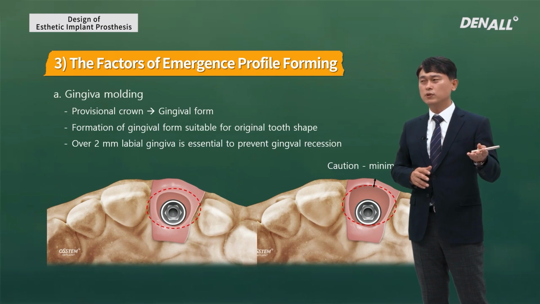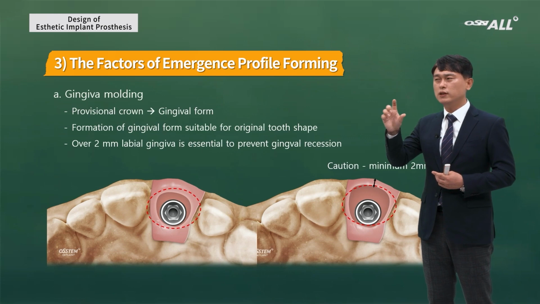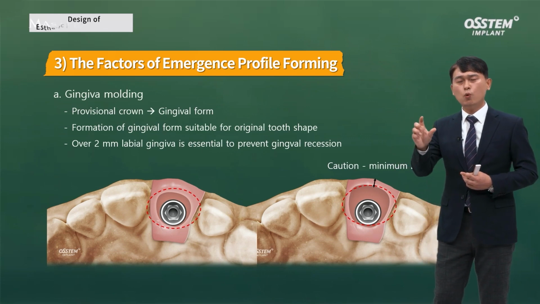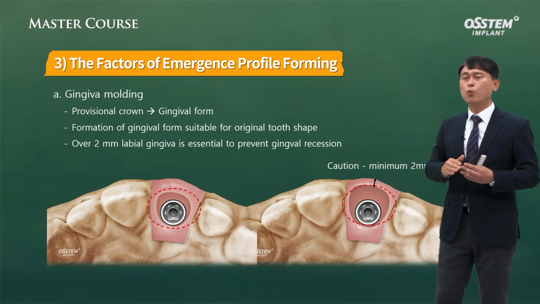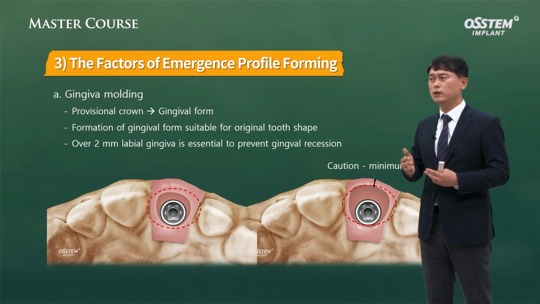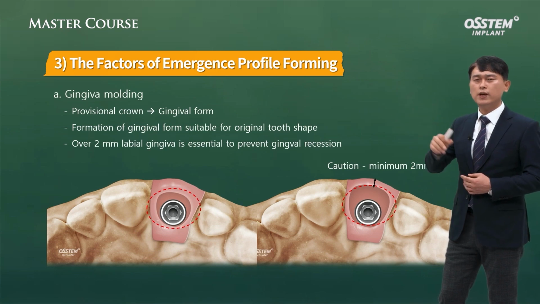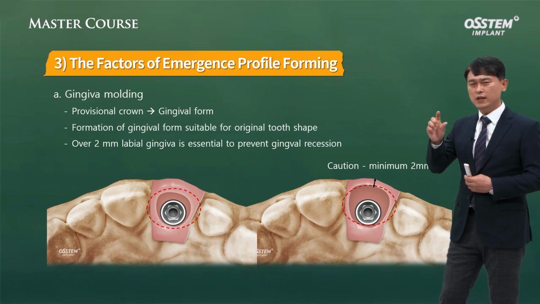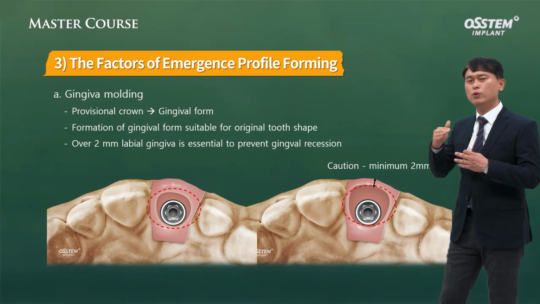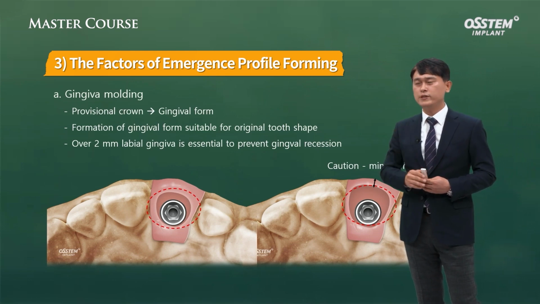As I said in the previous lecture, from the implant to the buccal bone, we need about 2 millimeters of labial gingiva for gingival molding, so we have to have space for molding. Here you can see the word caution. You need to keep in mind that buccally at least 2 millimeters thick gingiva is required for proper emergence profile.